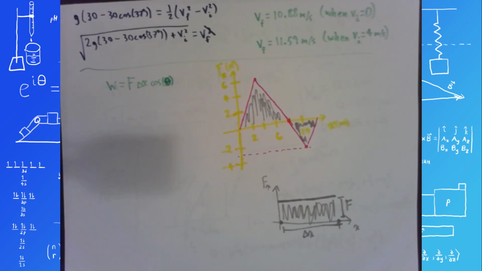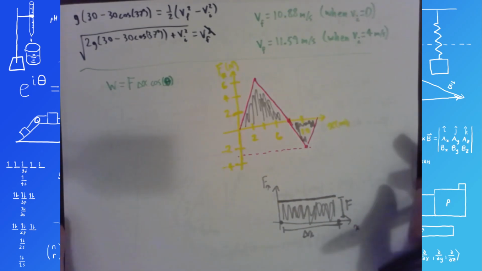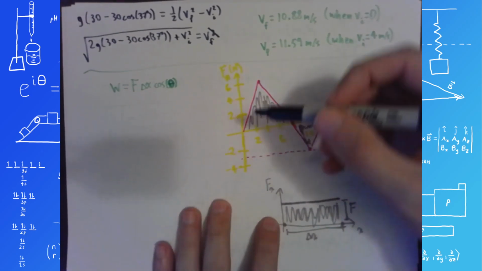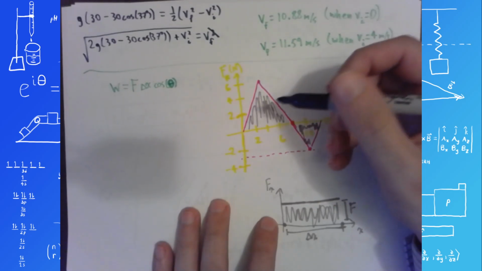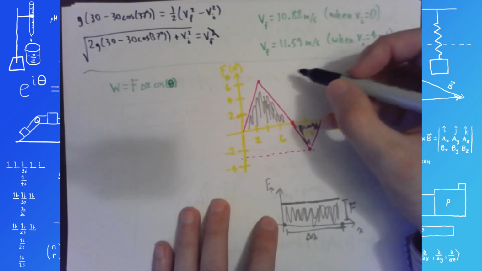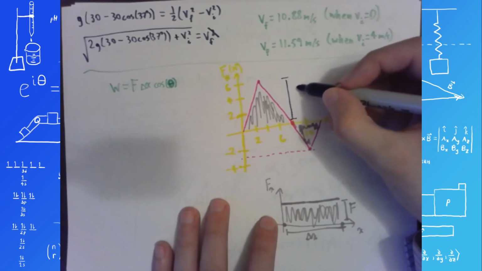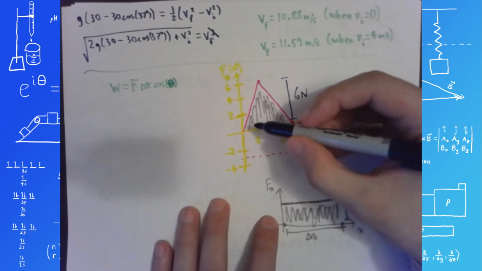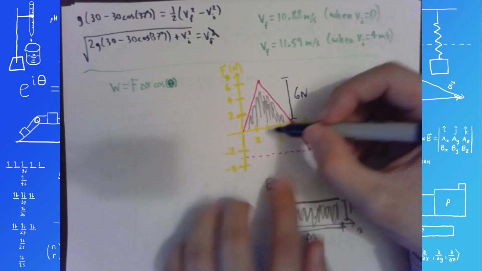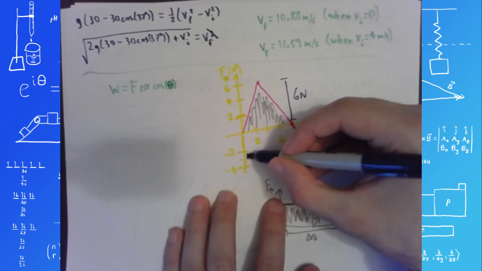Okay, we can do that. So we've got area of the first triangle, 1/2 base times height. Height is 6 newtons. And base from 0 to 8 is 8 meters.